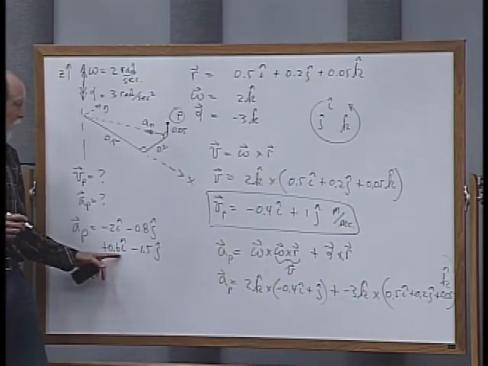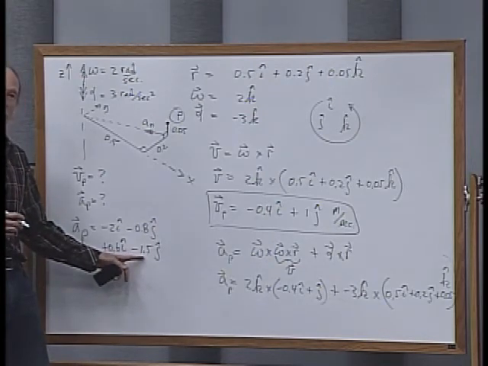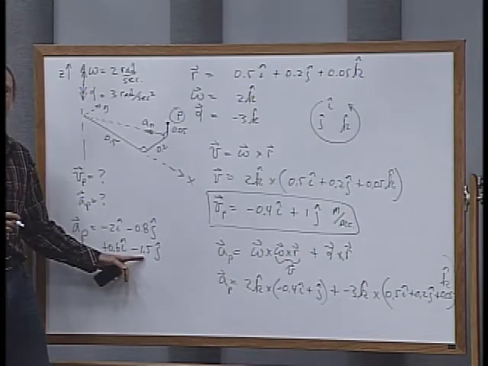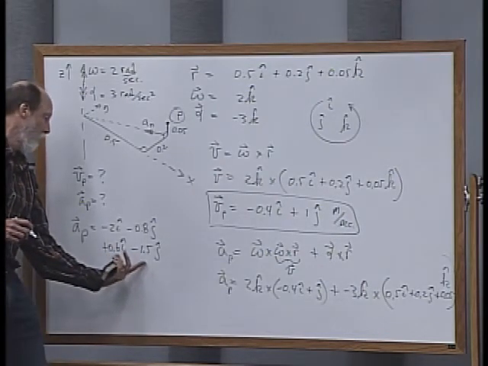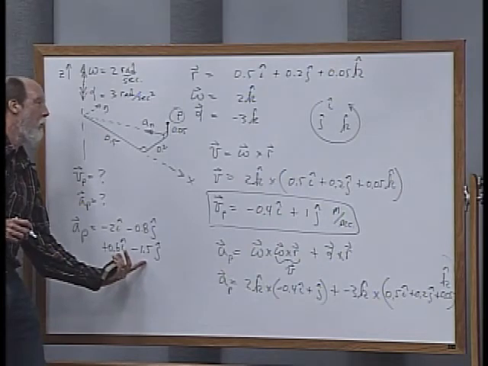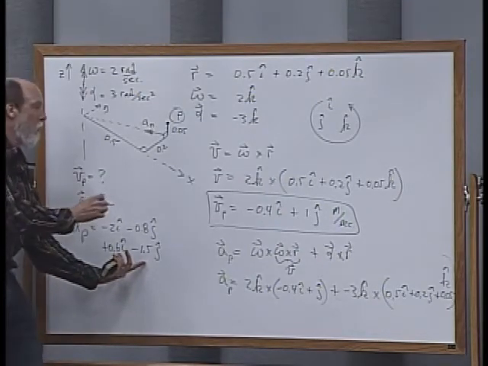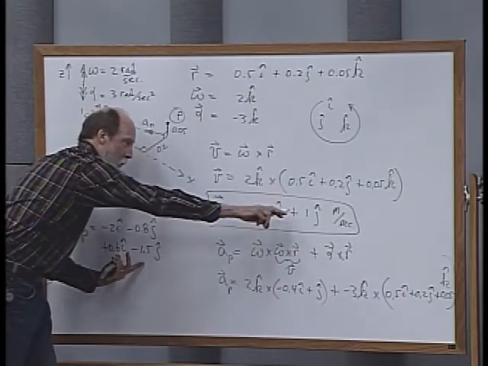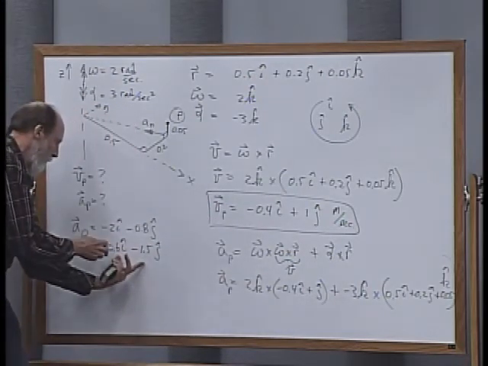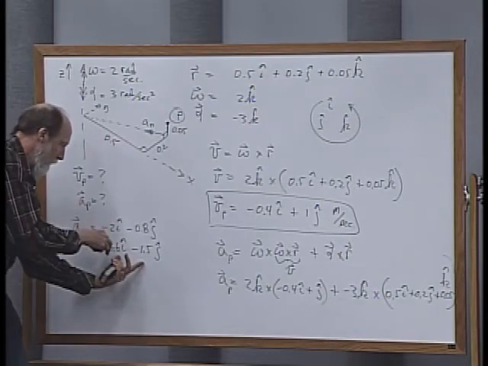Okay, and this one should point in the same direction as what? The velocity. You all with me on this? These last two should point, as Daniel said, in the direction of the velocity. And so you can look back at your velocity and see that you have a 2.5 to 1 ratio there, and we should see a 2.5 to 1 here also.